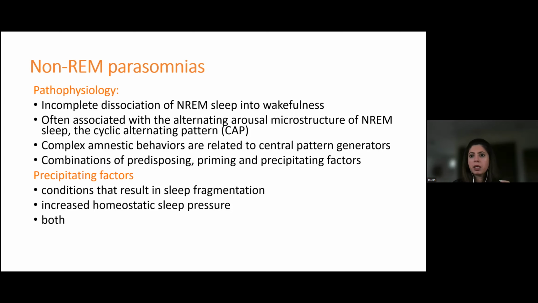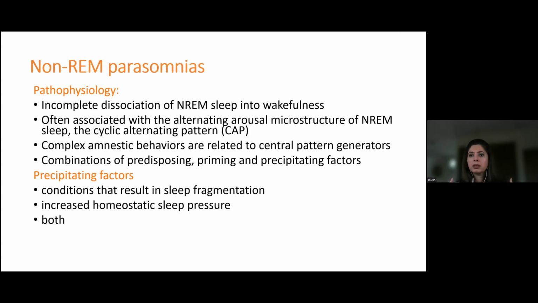So the easier thing to remember would be that some people have sleep state instability in the form of this cyclic alternating pattern. The abbreviation of that is CAP. Another way to think about it is that some of these complex behaviors are associated with the central pattern generators, which are not in our conscious brain.